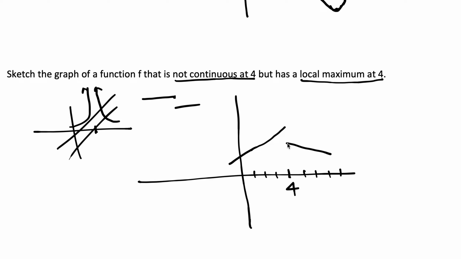Local maximum means at this point here, if we put a dot there, this is the maximum locally. So this is the graph. We don't know what happens outside. It can go back, but locally, if we just look nearby 4, this is the highest point. So local maximum and discontinuous. So here the circle, we can't have dots. So a dot there, highest point, and a circle here.